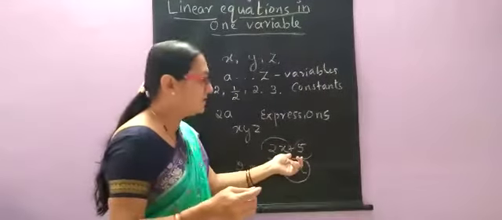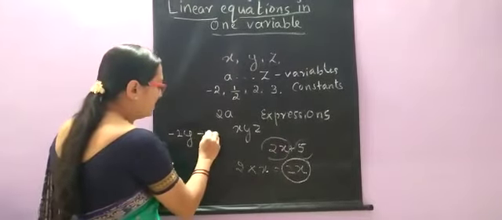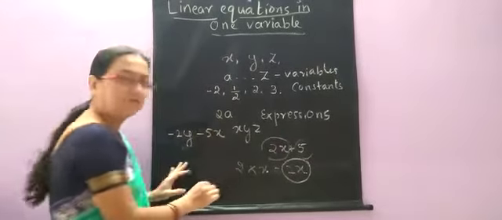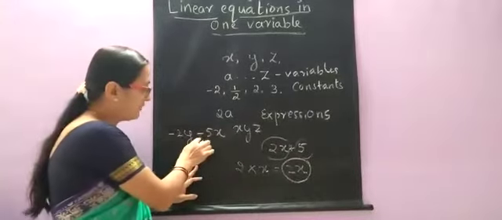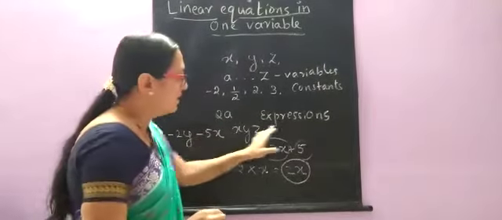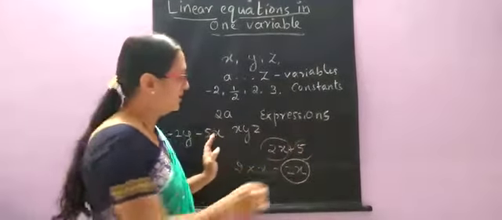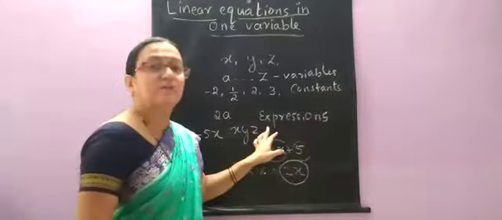Only addition and subtraction. If we write here minus 2y minus 5x, now these are two different terms which are separated by one subtraction sign. Okay. So expressions are divided by either a positive sign or a negative sign. Together they are called one expression.